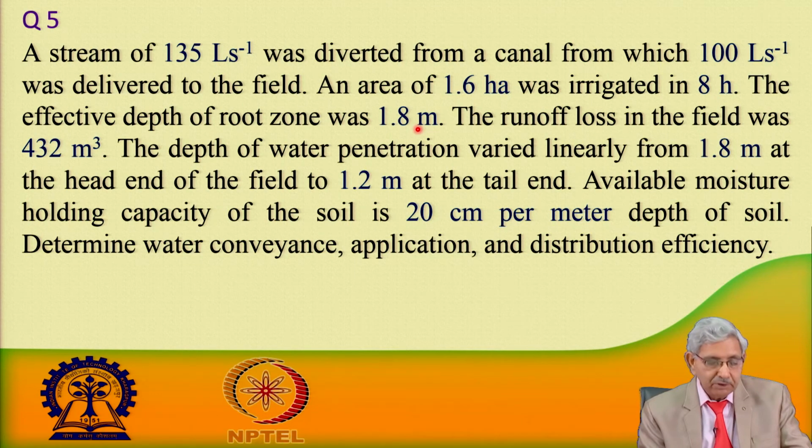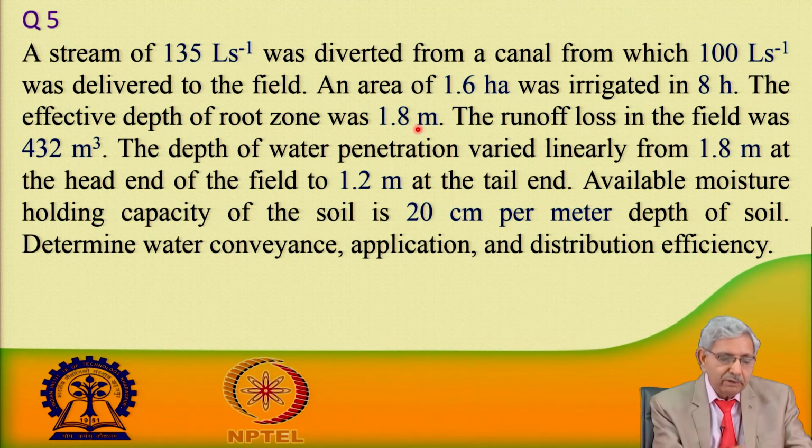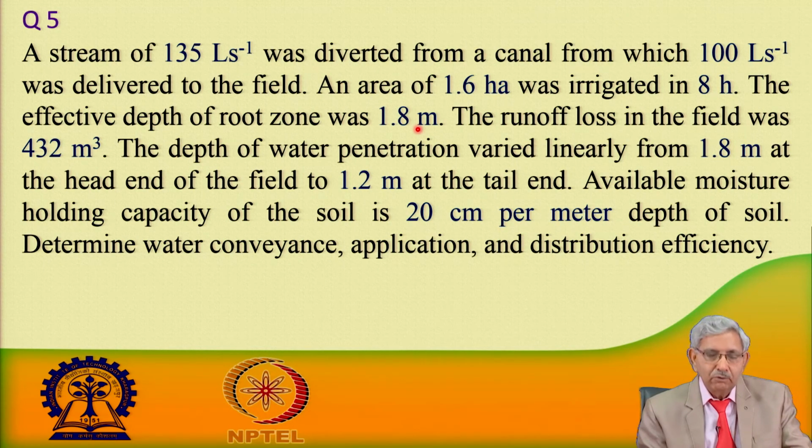Runoff loss in the field was 432 cubic meter. So, at the downstream end of the field, runoff was measured, and it is found that 432 cubic meter of water goes as runoff loss. We also measured the depth of penetration, that is, how much water has infiltrated below the ground level.